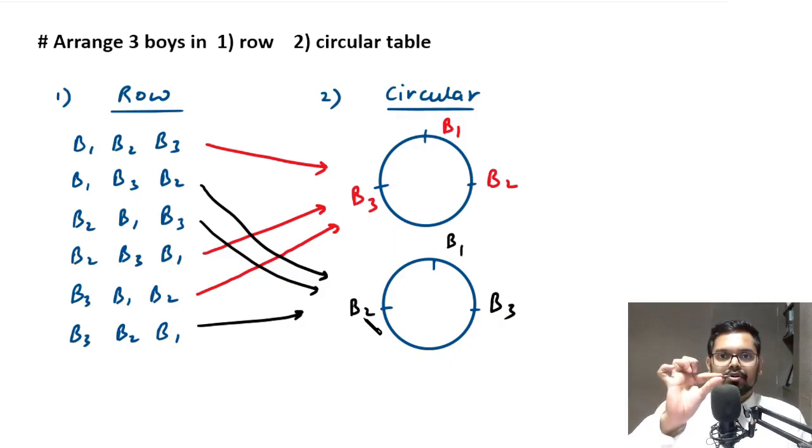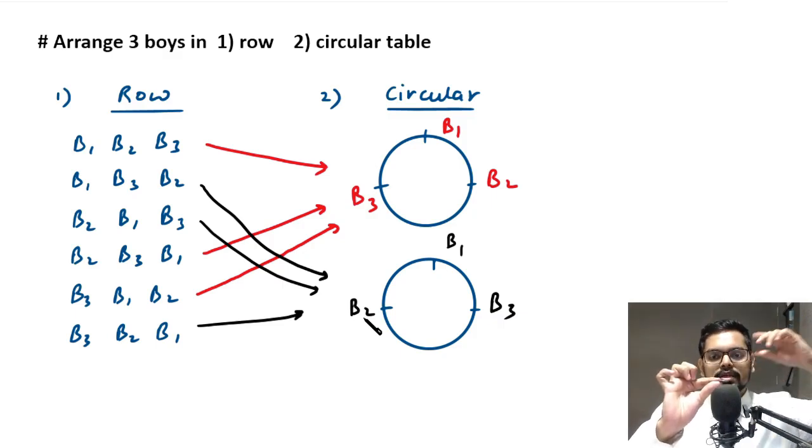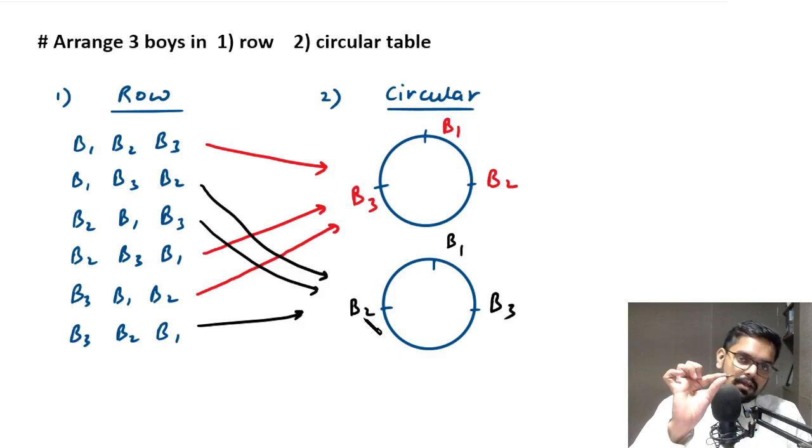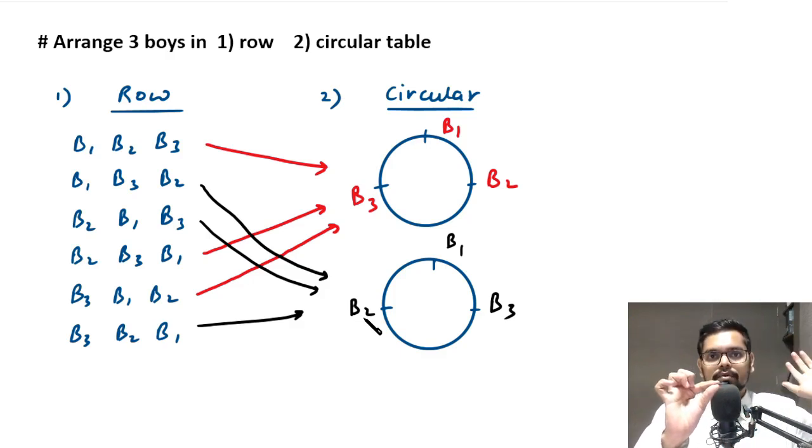This is how your circular table looks. In hotels, you see a circular table, you see only one view. You never see from the bottom side and say, oh, seat from left, seat from right. You have only one view, that is the top view. Therefore, with only one view, B1, B2, B3 and B1, B3, B2 were two different arrangements.